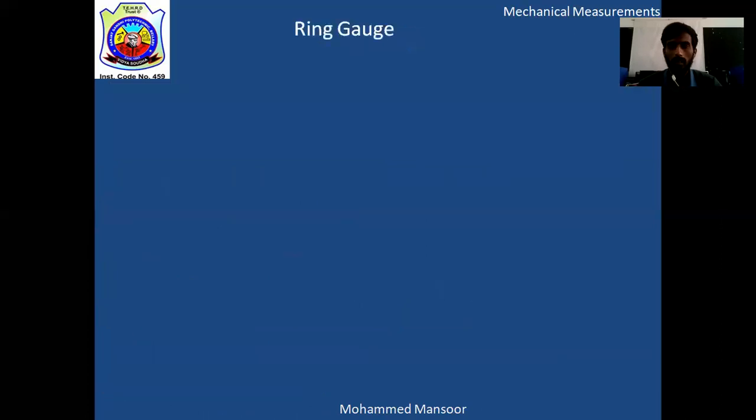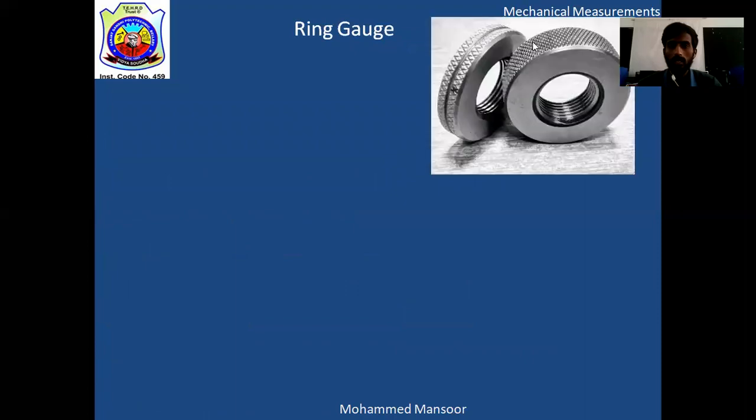Let us learn the ring gauge. The ring gauge looks like this. It has a hole, and on the periphery it is knurled. These ring gauges are used for checking the diameter of the shaft.